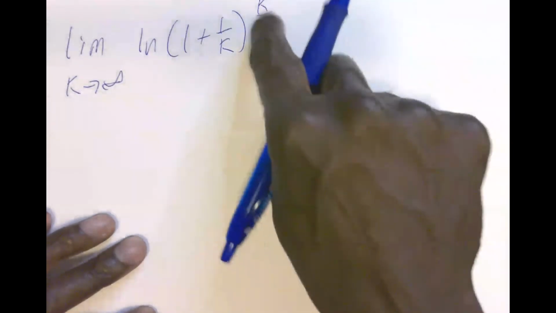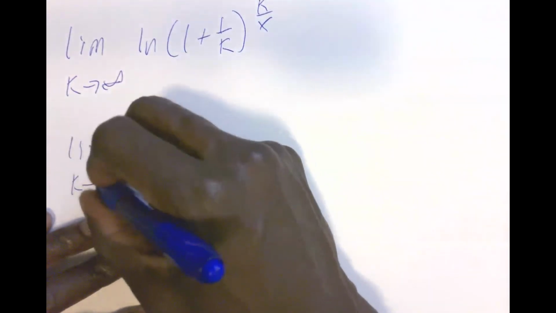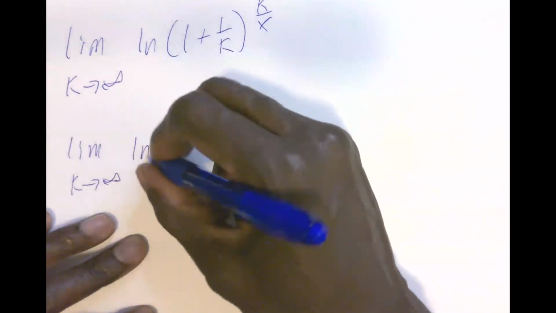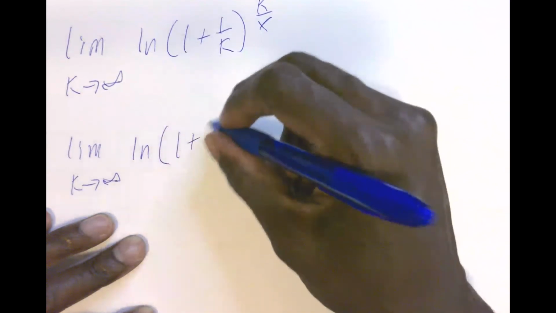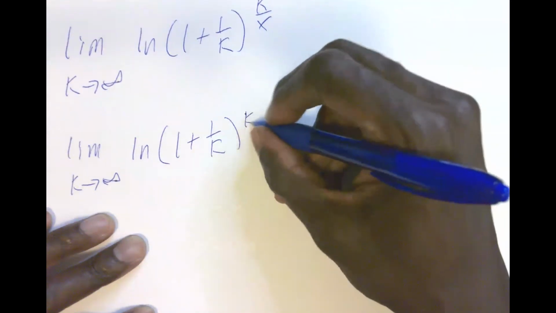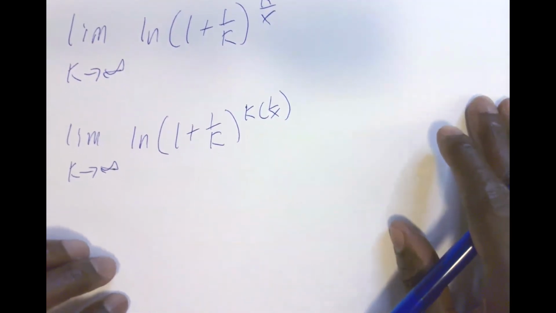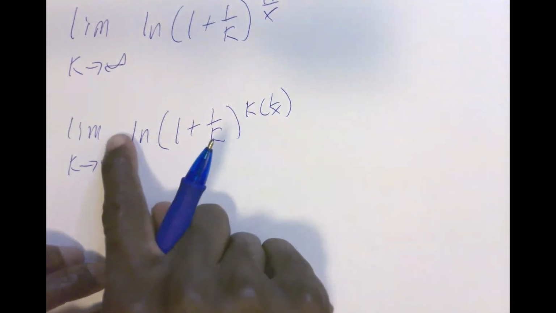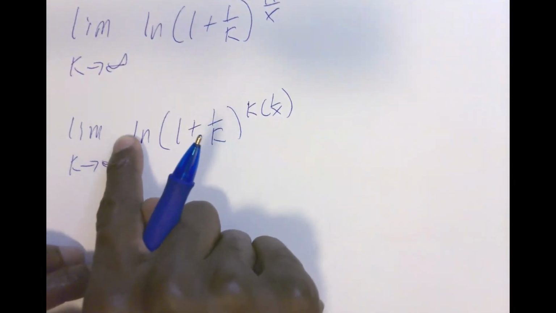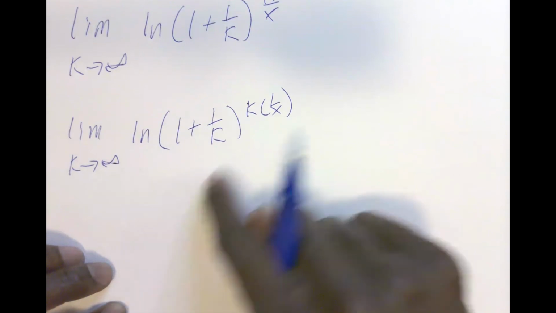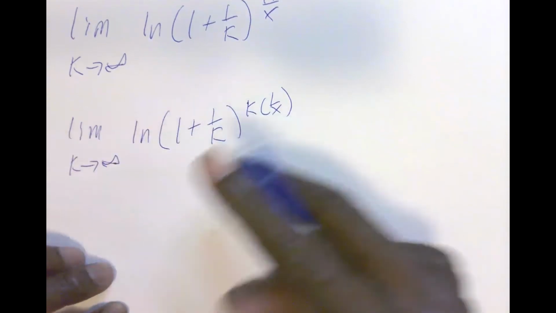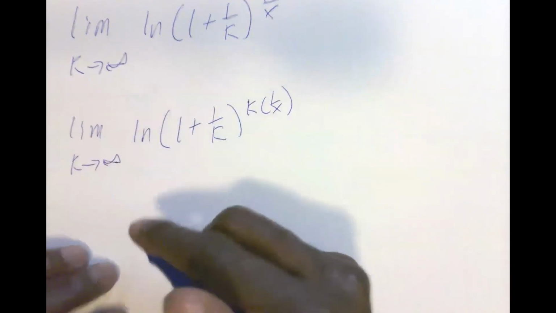So let me rewrite this exponent. This is the limit as k goes to infinity of ln of 1 plus 1 over k, and I write k over x as k times 1 over x. And again, just as previously, I move something from in front of the logarithm to the exponent, I can move something from the exponent to in front of the logarithm. So I'm going to move the 1 over x in front of the logarithm.